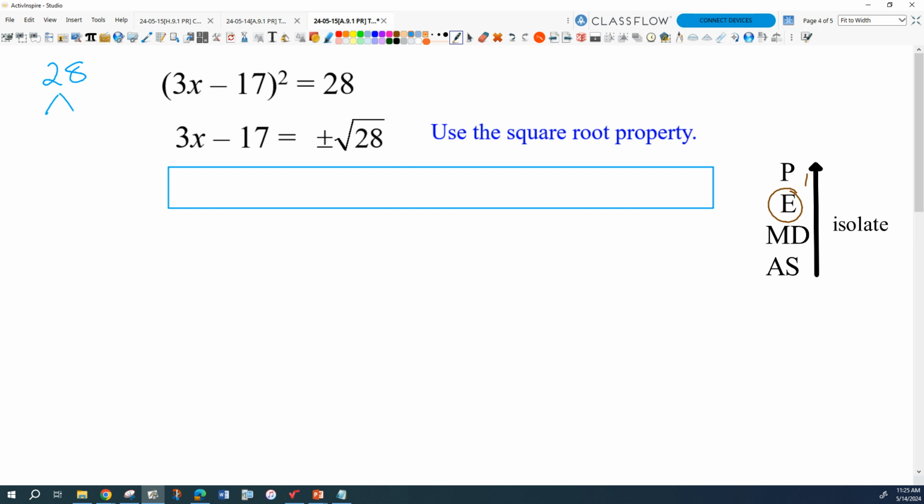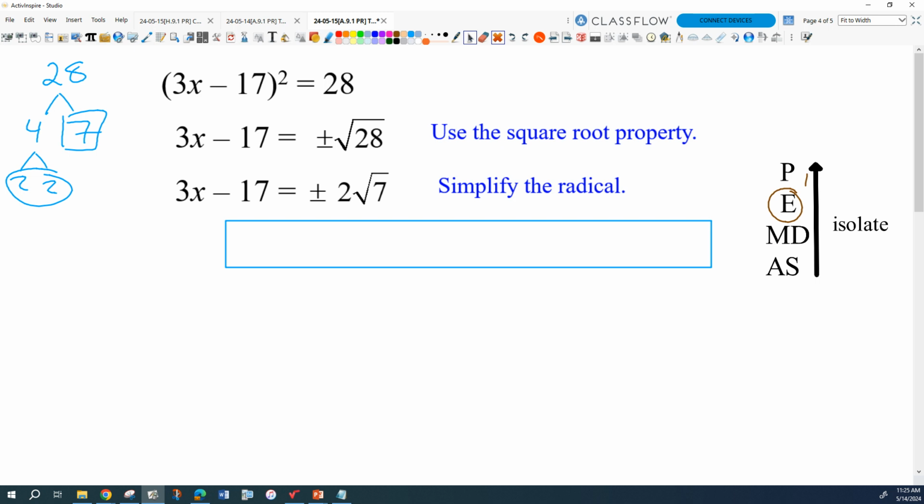Yeah, that'd be a good one. Let's put the 4 first and then the 7. What's 4 break up into? Good. I get a couple of 2's and a single 7. So what's the square root of 28 become? 2 square root of 7. Couples go out, singles stay in. So the 2 goes out, 7 stays in. And it just gives me that, right?